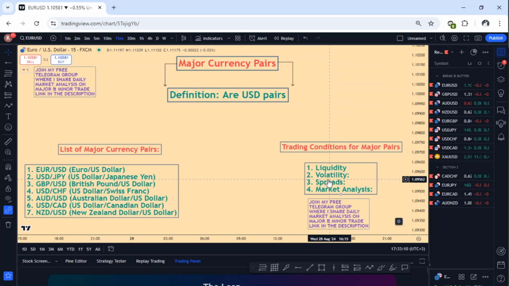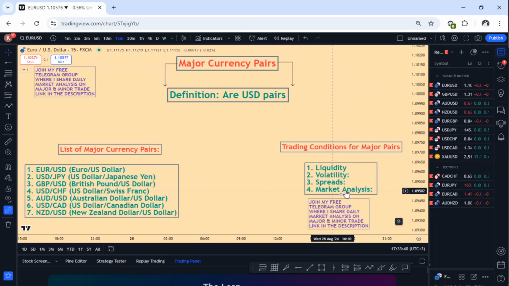Spread is the difference between the bid, or the buy, and the ask, which is always the sell price. Tight spreads mean lower transaction cost, and you're going to realize that EUR USD has the lowest spread, followed by either AUD USD or GBP USD, depending on the broker you are dealing with.